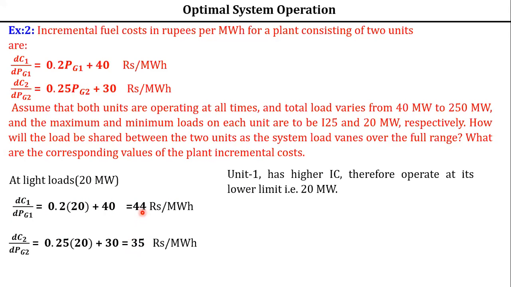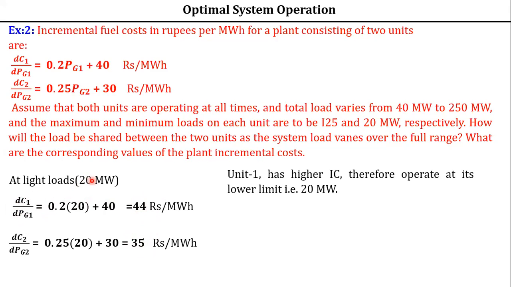Till which point do we have to give the additional load to this one? Can anyone tell? Unit 1 has got 44 rupees per megawatt hour, a higher incremental fuel cost. So therefore, we will fix unit 1 to operate at 20 megawatt.